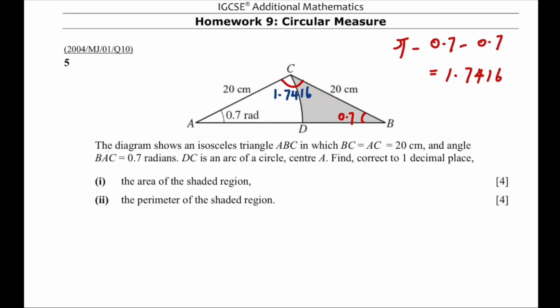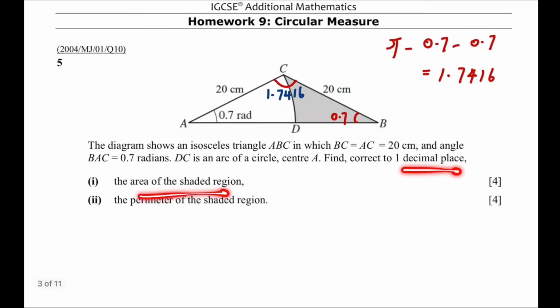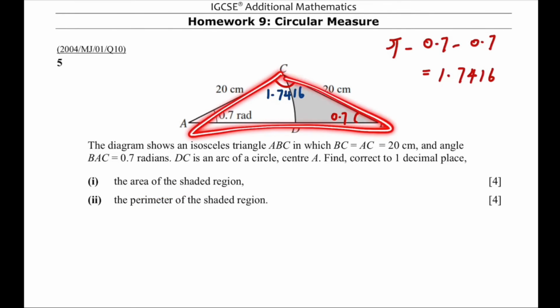And then what else? DC is an arc for a sector. So this is a sector of a circle. CD is an arc with center A. Correct to 1 decimal place the area of the shaded region. So the area of the shaded region will be area of triangle minus the area of sector.